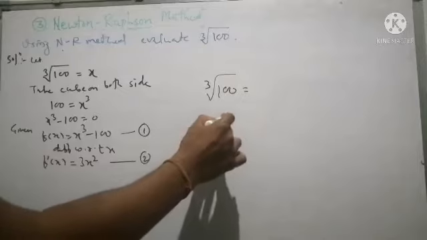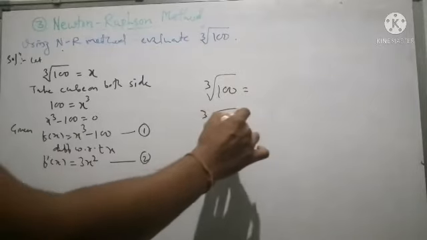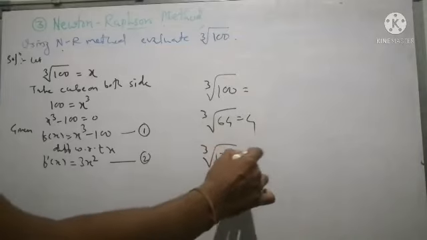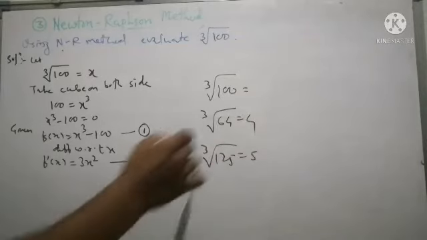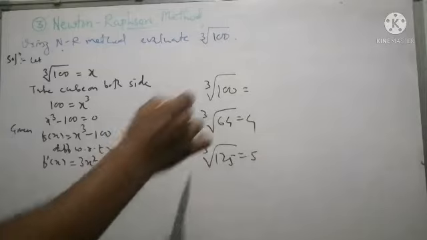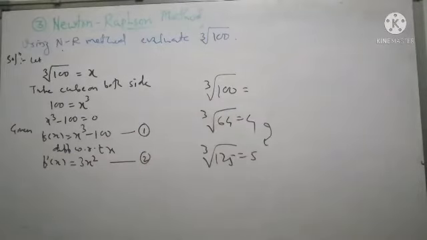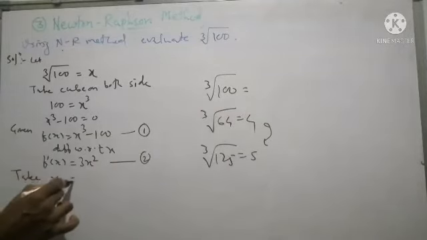As 64 is a number whose cube root is 4, and 125 is a number whose cube root is 5, that means 100 is between 64 and 125. That means the cube root of 100 lies between 4 and 5. So we can take the initial root as 4 or as 5. In this case we take the initial root x0 as 4.